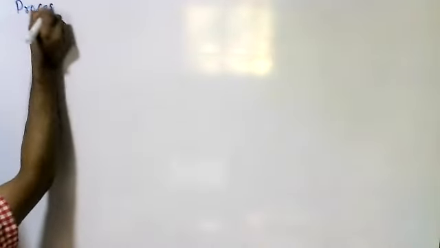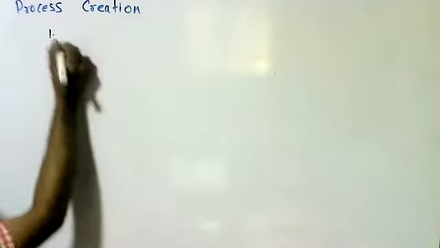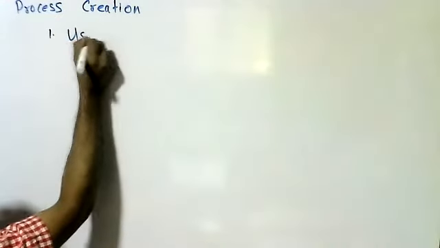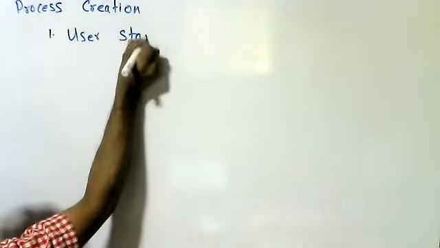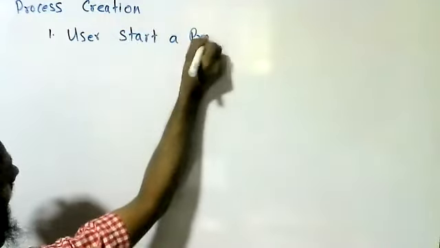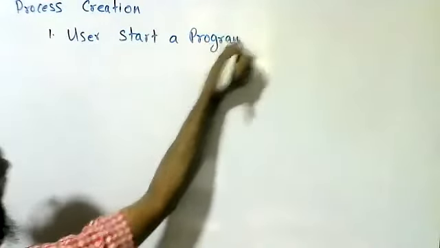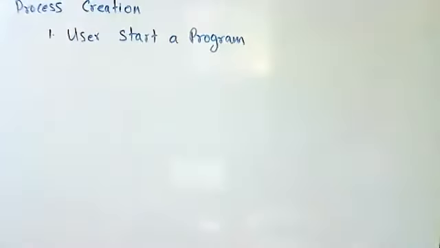Okay, if we consider process creation, students, there are three types of situations in which a process can be created. First one, a user can start a process. User starts a program, then a process is created.